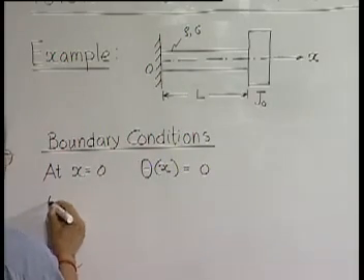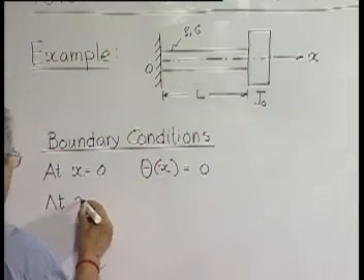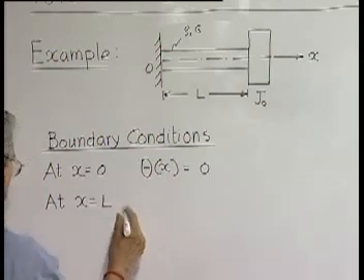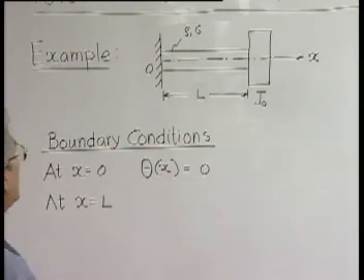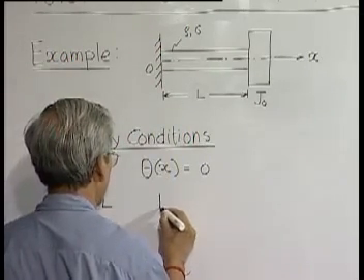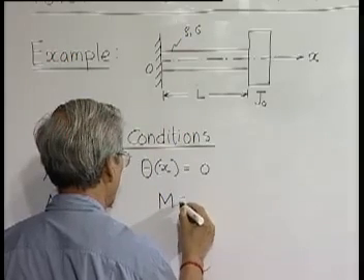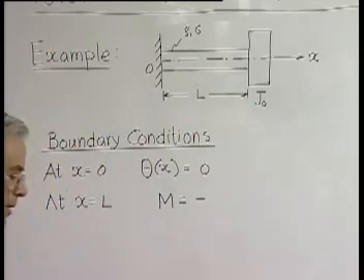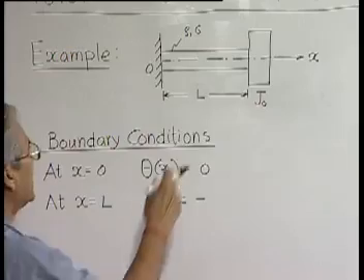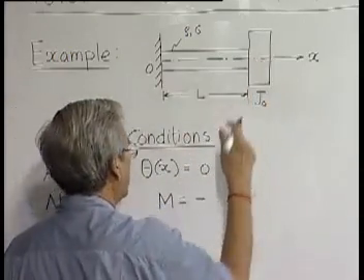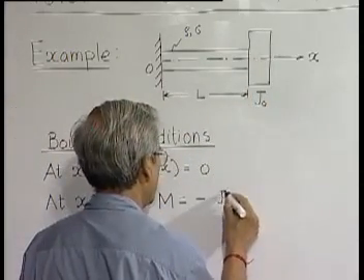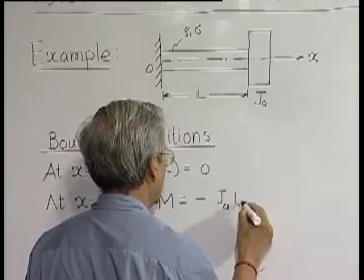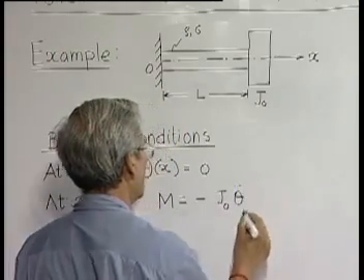At x equal to L, the moment which is acting on this will be equal to the inertia loading. Now inertia force or inertia moment, or torque acting on this, will be minus J0 into theta double dot.